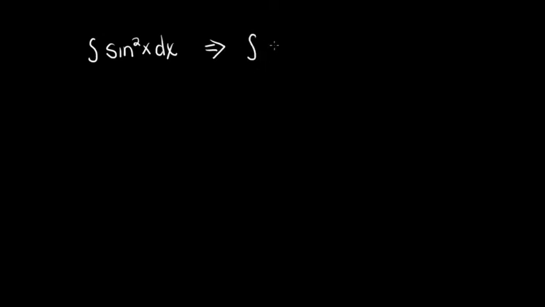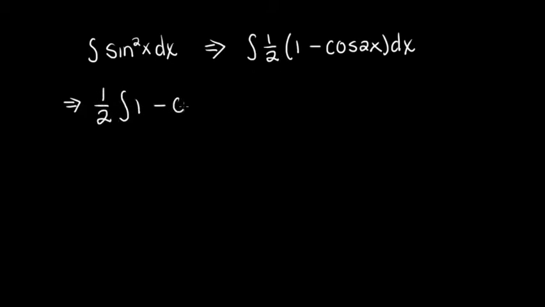We have the integral of 1/2 multiplied by 1 minus cosine of 2x dx. Simplifying this, we can pull out that 1/2. We're left with the integral of 1 minus cosine of 2x dx.